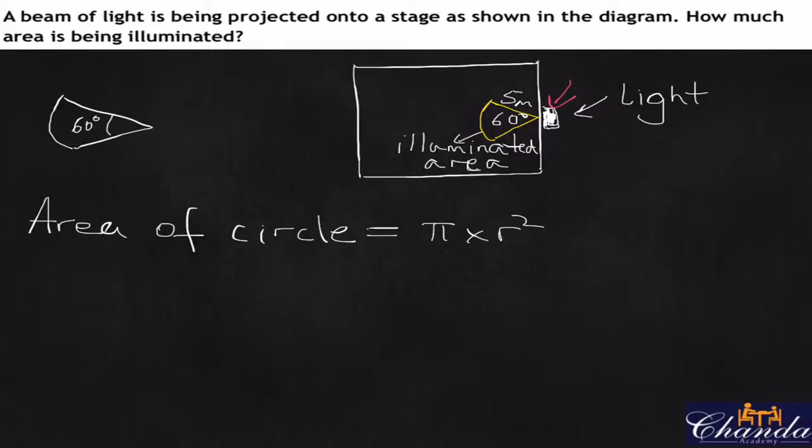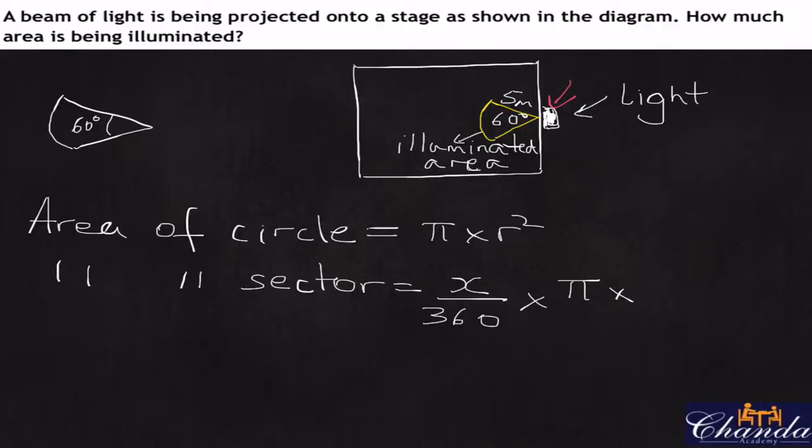Area of sector, on the other hand, is given by the number of degrees we are working with, let's call that x, over 360 multiplied by the area of the circle, pi times r squared. So x in this case is 60 degrees.